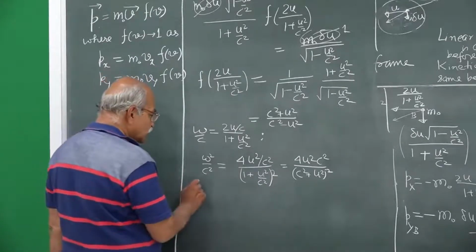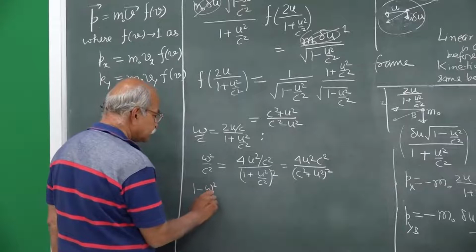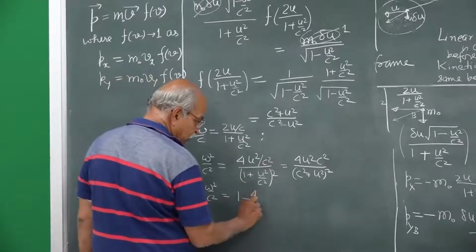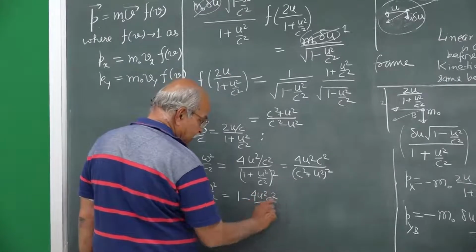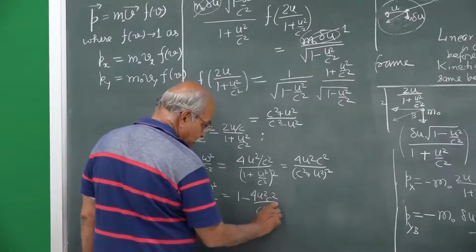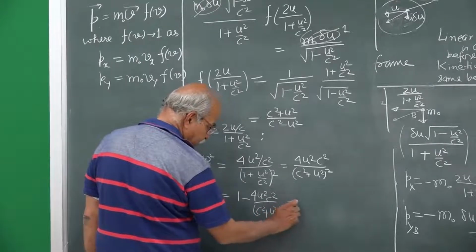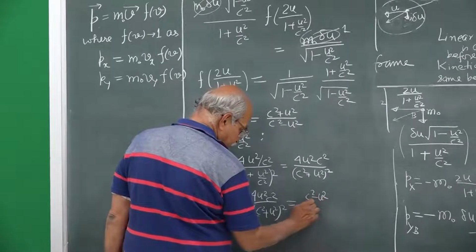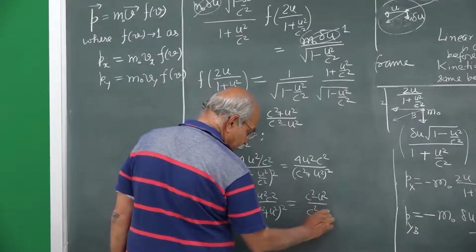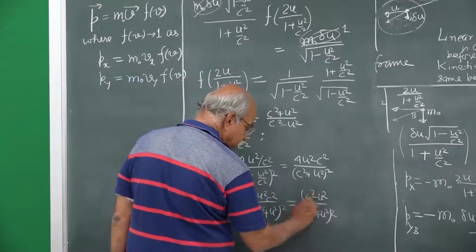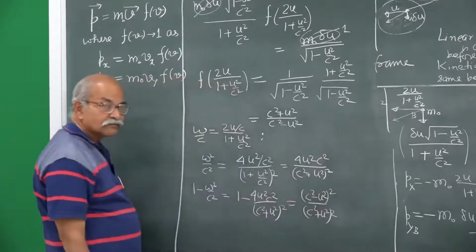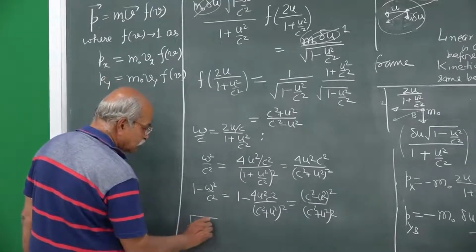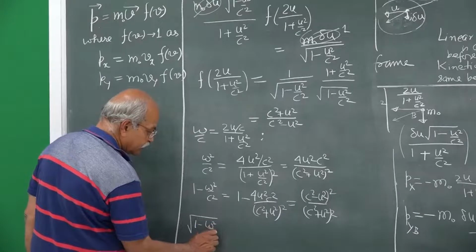What is 1 minus w²/c²? It is 1 minus this. So, 1 minus 4u²c² divided by (c² + u²) whole square, and this minus this is (c² − u²) divided by (c² + u²) whole square. So, what is square root of 1 minus w²/c²?